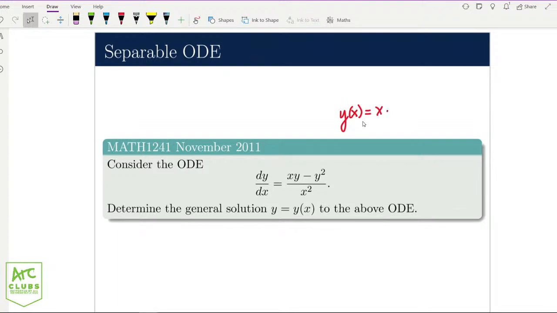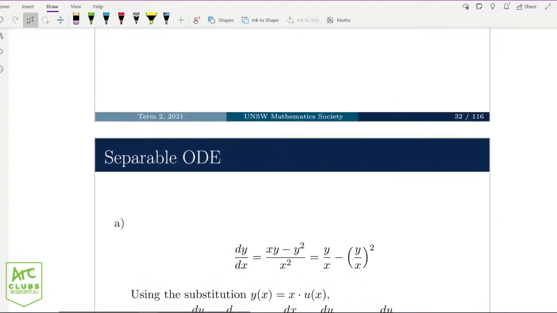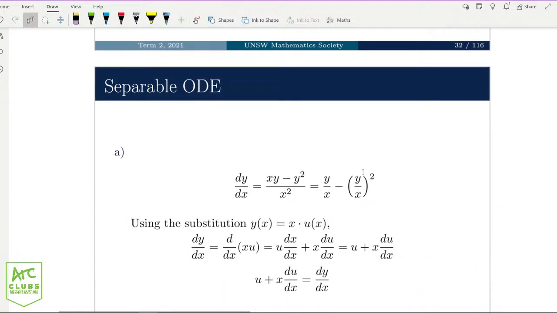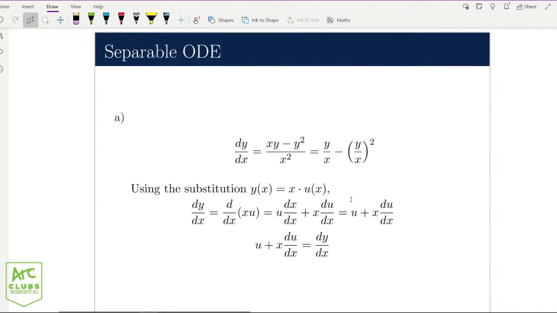y(x) is equal to x multiplied by u(x), where u(x) is essentially just another function in terms of x. And as we will see in our next slide, after we've applied this substitution, it becomes obvious that we are left with a separable ODE.